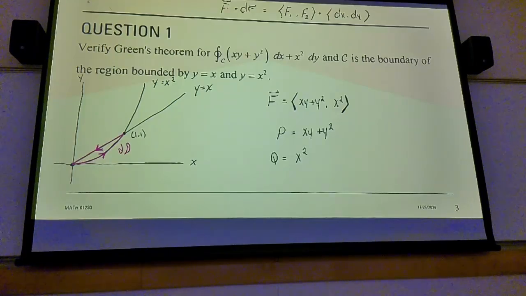What you do is you subtract the line integral using that parameterization because it's the opposite direction. Okay.